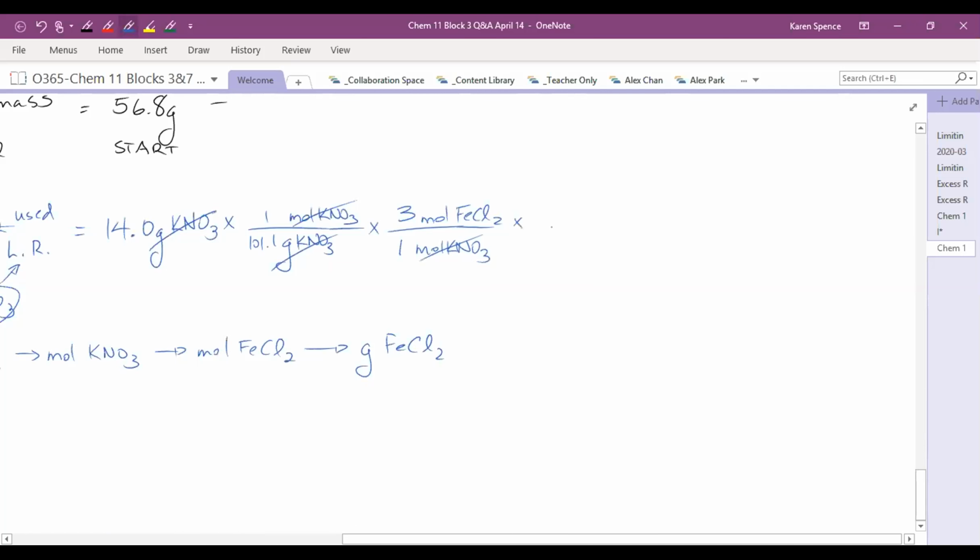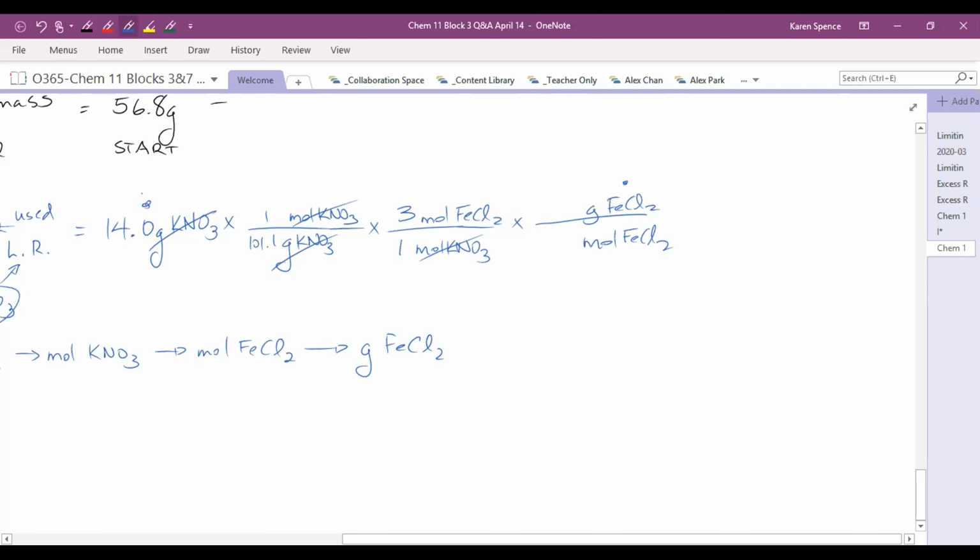And finally, our last one here, oh, lost my train of thought there for a moment. We want to cancel moles of FeCl2 and find grams of FeCl2. So this is how much was going to get used up by that many grams of KNO3.